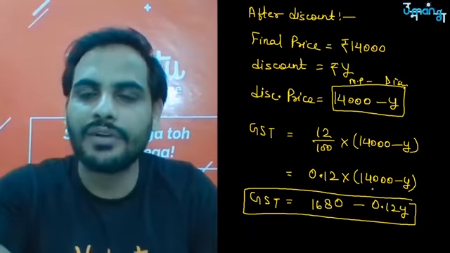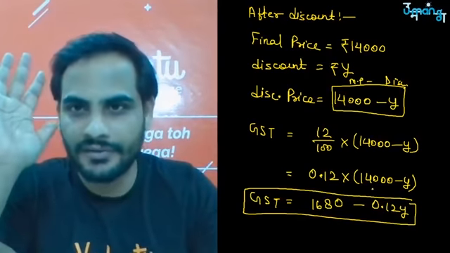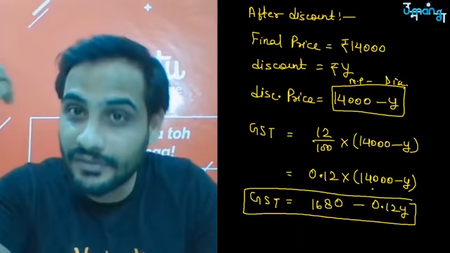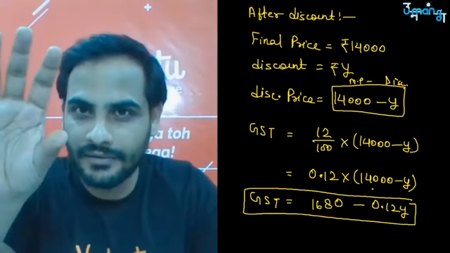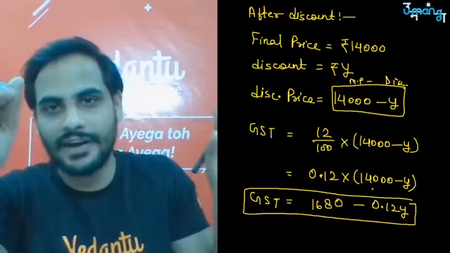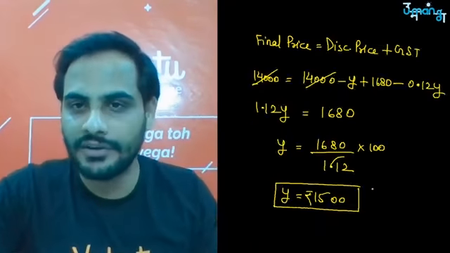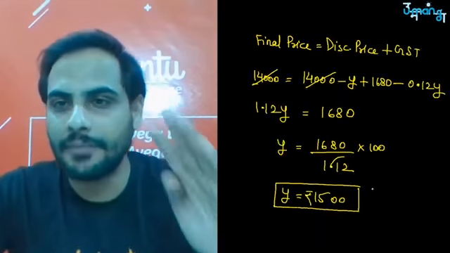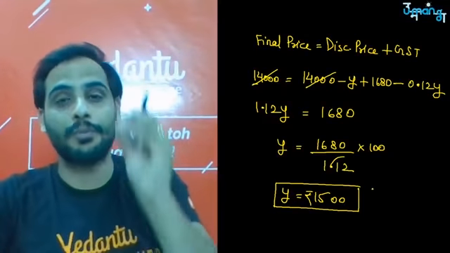So let us say discount given was rupees Y, because they are asking us the reduction in the price. So the discounted price will be mark price, which is 14,000, minus Y. Then calculate GST on this, and at the end, final price is equal to discounted price plus GST. So you have got Y is equal to rupees 1500.